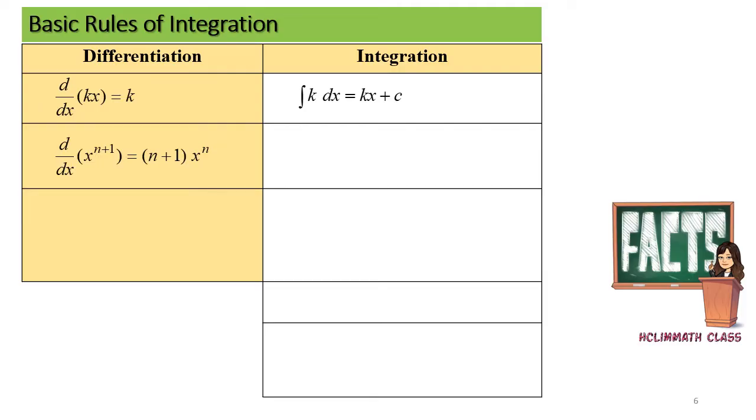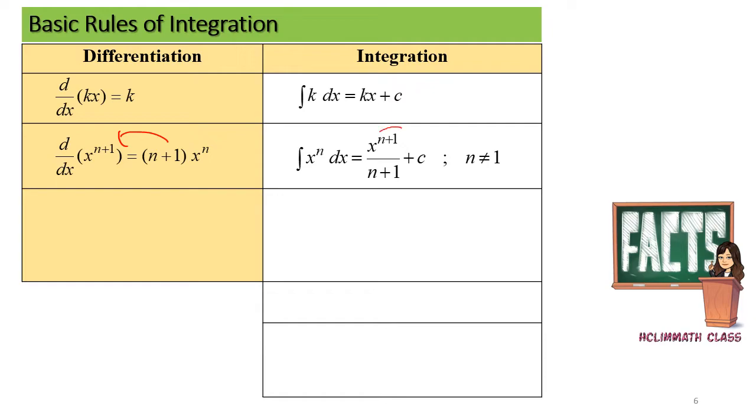We bring down the power, and the power is subtracted by 1. That's why I get n plus 1 and x to the power n. So if we use integration, the integral of x to the power n is x to the power n plus 1 over n plus 1.